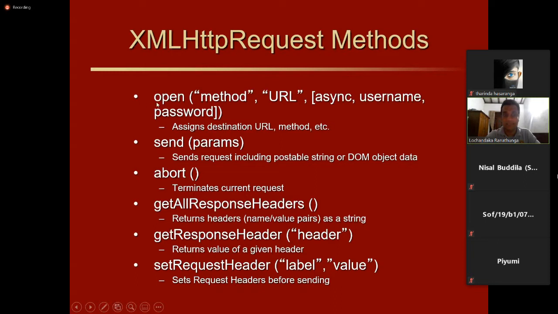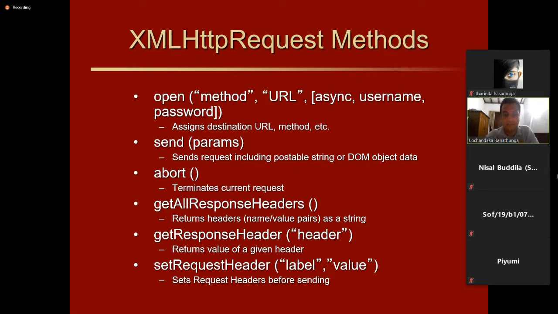So Ajax always works with this open method. Once you create the XMLHttpRequest object, from there you can open this type of connection. You can give a URL, and within that you can give a method, POST or GET, and connect to that particular web service.